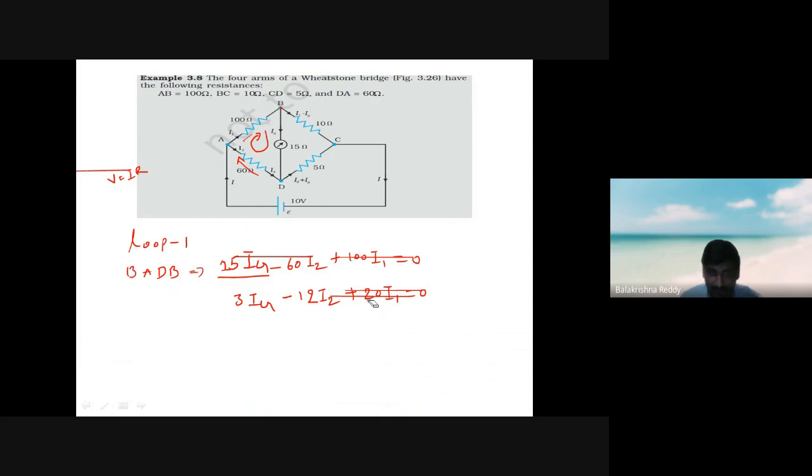Since 5 times 20 is 100, we can take the common factor 5, so 3 Ig minus 12 I2 plus 20 I1 is equal to 0, equation 1. Now let us consider loop 2.